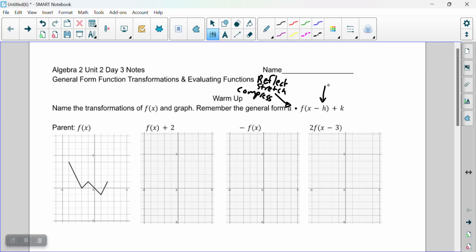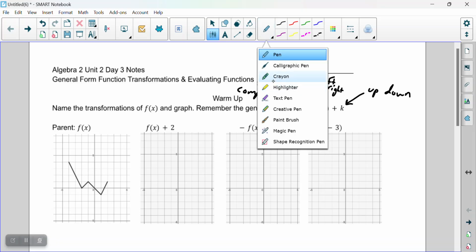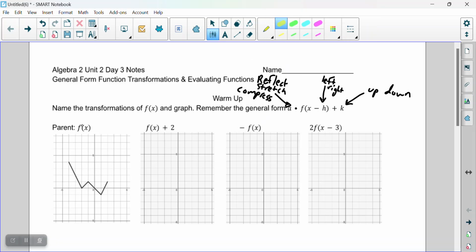H is going to move it left and right. K will move it up and down. Here's my original. Here's my f of x. It's a funny looking shape there.